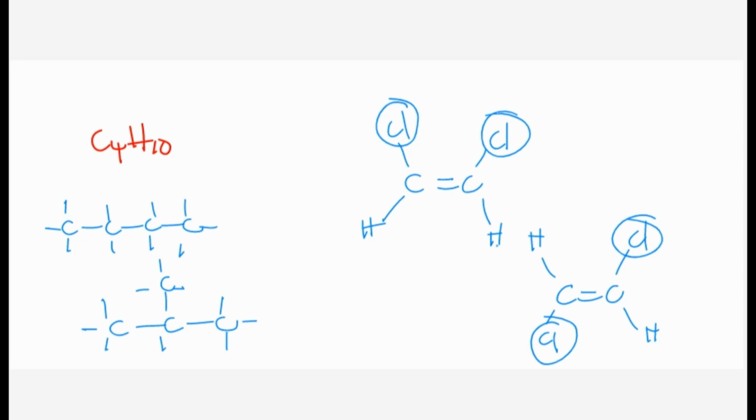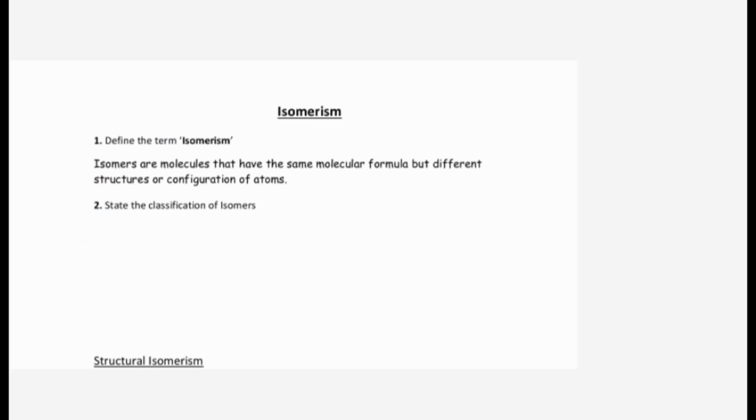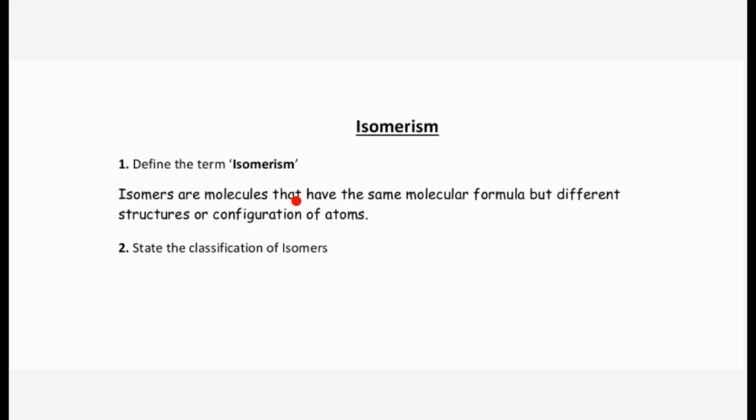Isomers are defined as molecules which have the same molecular formula but different structures or configuration of atoms in space, right? It can be a different structure, or it can have a different configuration of atoms in space. So remember, when you say different structures, you are defining structural isomers.